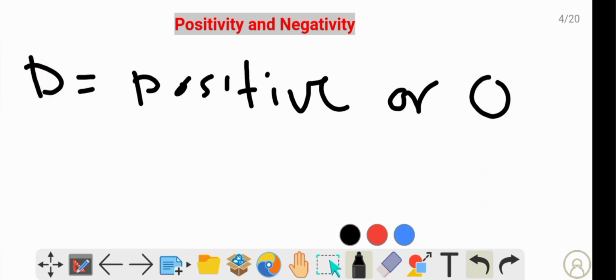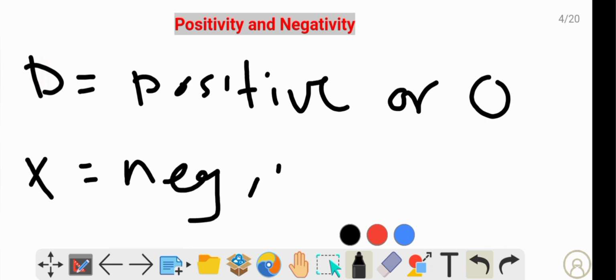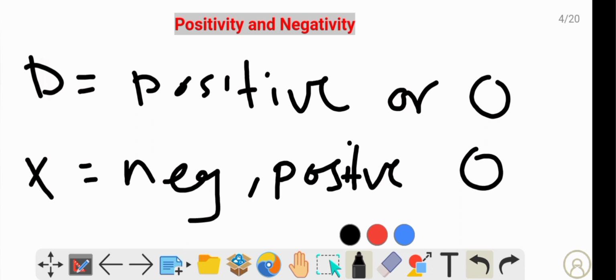On the other hand, displacement, allow me to represent it by x. Displacement can be negative, can be positive, and can also be zero.